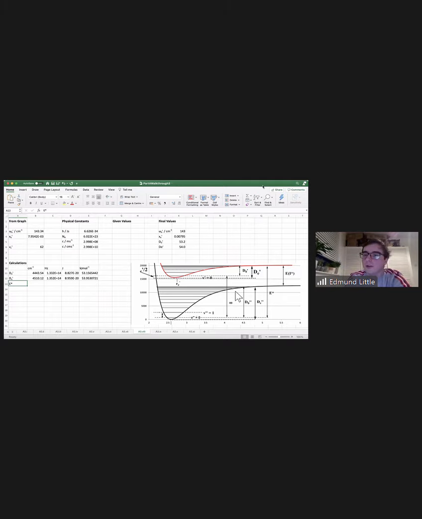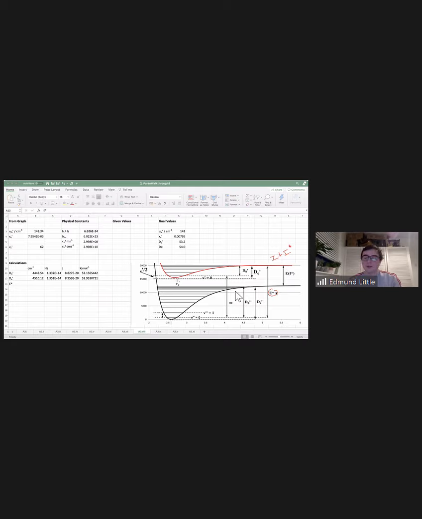So if we look at the diagram I've put up on the right here, we're trying to calculate E star, which is the energy difference between the electronic ground vibrational state and a fully dissociated iodine molecule in the excited state.